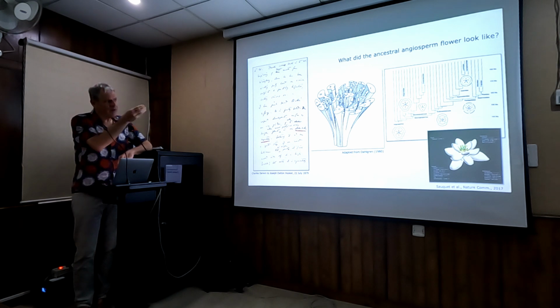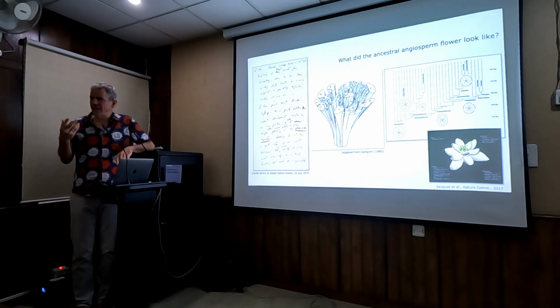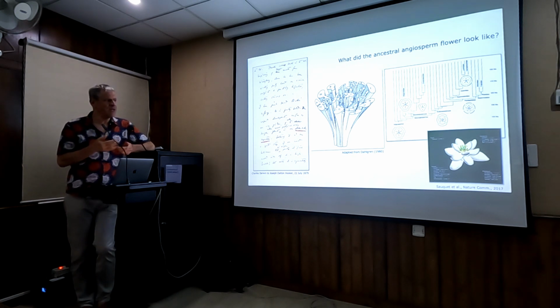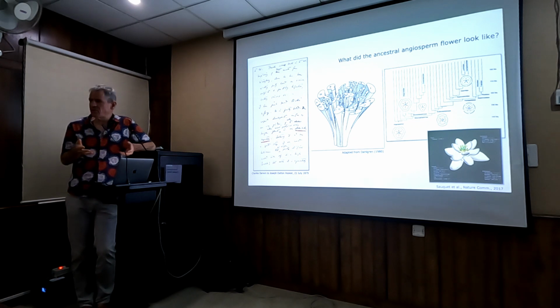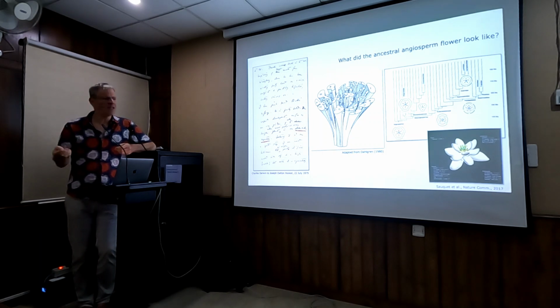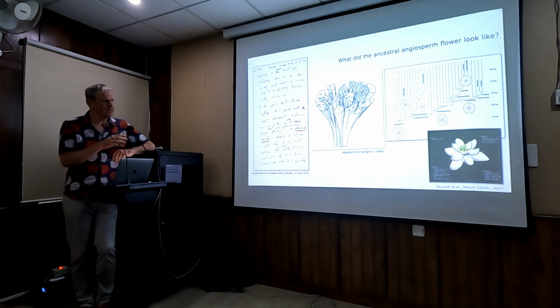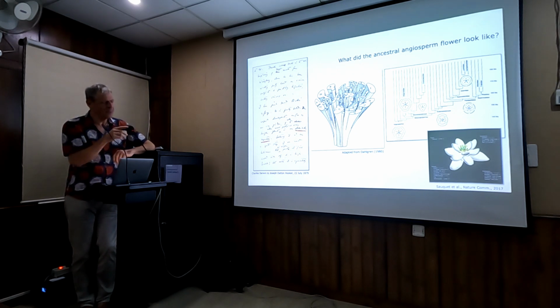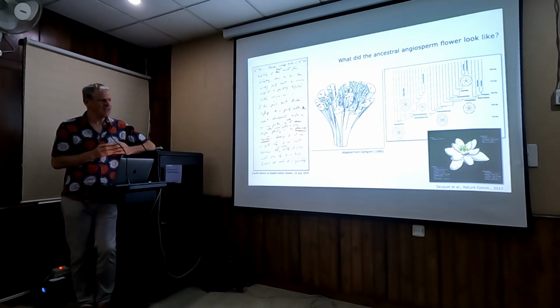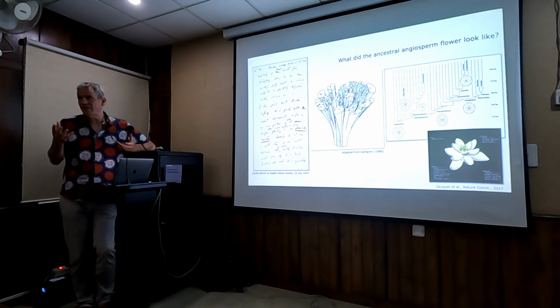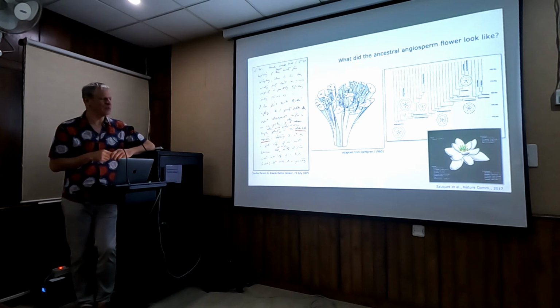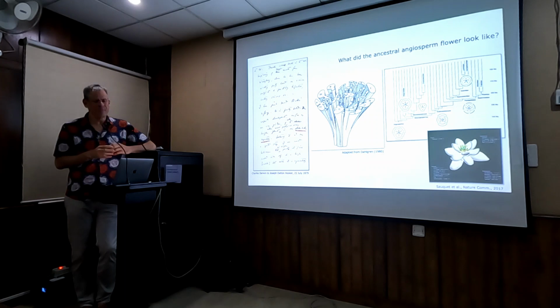Having a phylogenetic tree based on molecular data and, in this case, lots of morphological characters, such as how many petals, how many sepals, whether they are in whorls or spirally arranged, and so on, and doing these analyses, they came up with an impression of what it could have looked like, down there in the bottom right: the ancestral angiosperm flower.